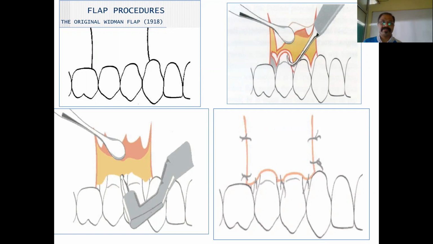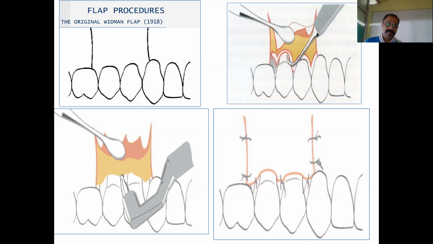Now this will, as I said, give you that V-shaped wedge of tissue which contains the pocket lining. Now this tissue is removed with the help of your curettes. Then you go into the root surface and do a complete, thorough root debridement, making sure that the root surface is smooth and hard in consistency.